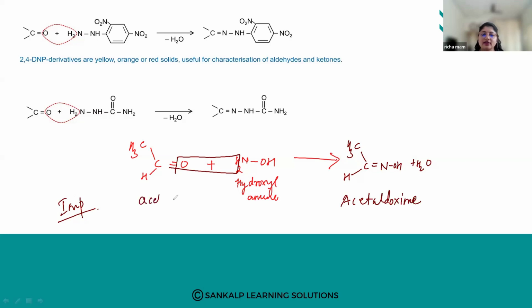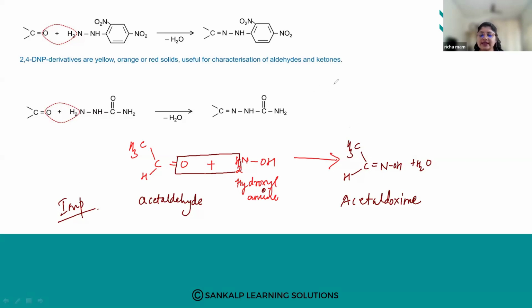So acetaldehyde, they'll give you a question like this. If acetaldehyde reacts with hydroxylamine, what will be the product obtained? So there is a loss of water molecule, H2O. Okay, so what you will get? CH3CH double bond NOH. So this is an oxime. Okay. Next question. Is it clear?